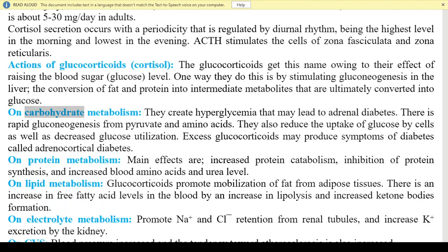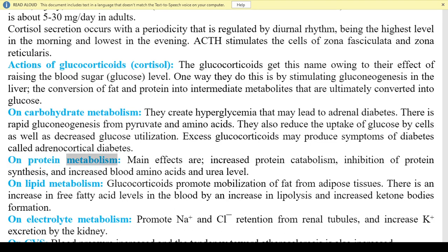On carbohydrate metabolism, they create hyperglycemia that may lead to adrenal diabetes. There is rapid gluconeogenesis from pyruvate and amino acids. They also reduce the uptake of glucose by cells as well as decrease glucose utilization. Excess glucocorticoids may produce symptoms of diabetes called adrenocortical diabetes.